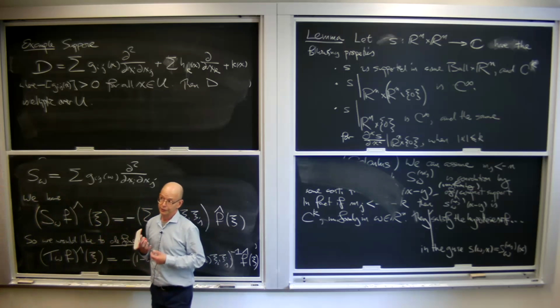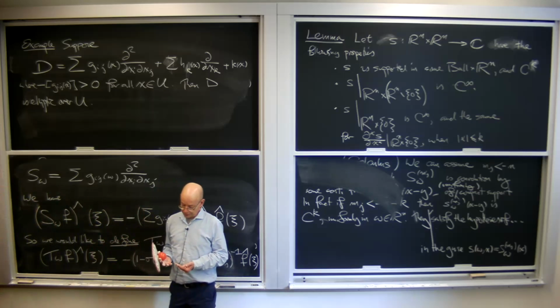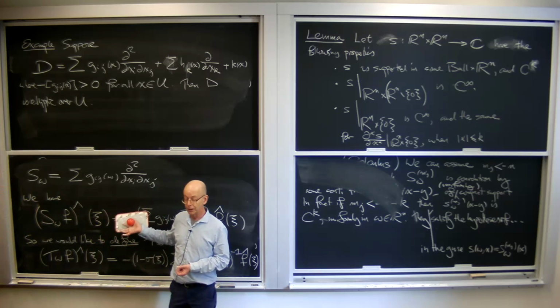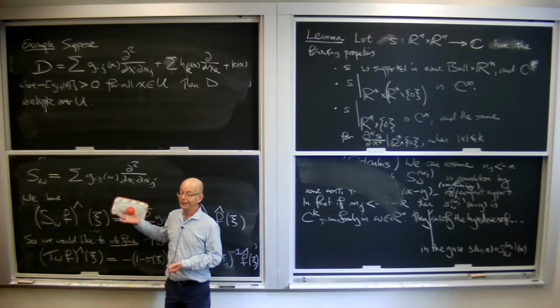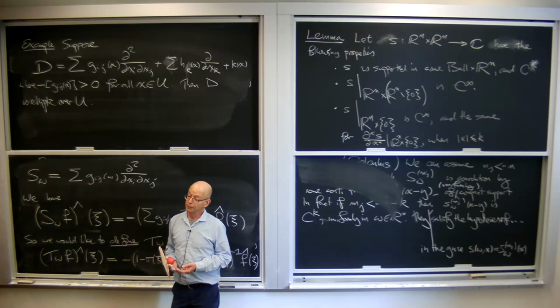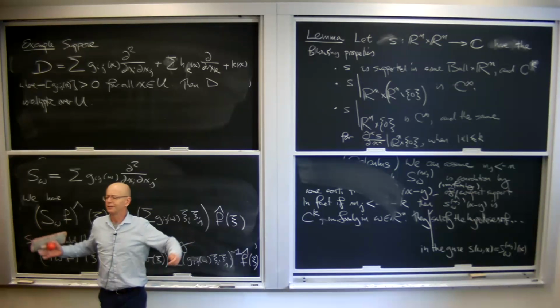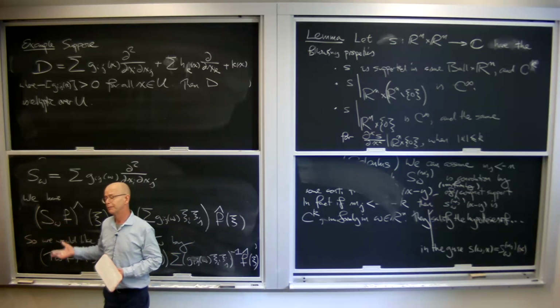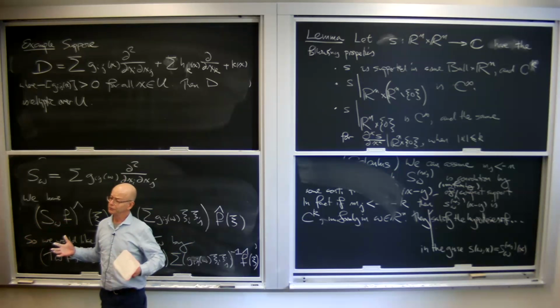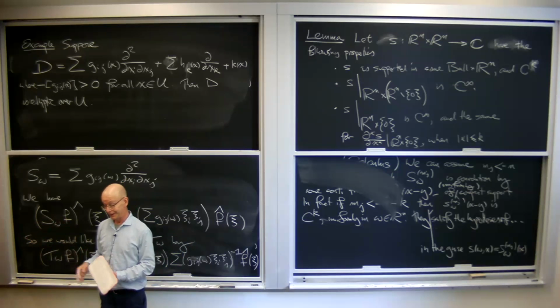Some of the things which were self-evident when we were earlier working on scalable operators become a little bit more complicated now. For example, it was evident that every scalable operator was pseudo-local because there was some series expressing the integral kernel away from the diagonal, and that series actually was a finite series of smooth functions in the case of compact support or proper support.